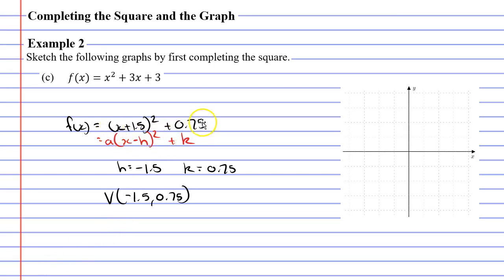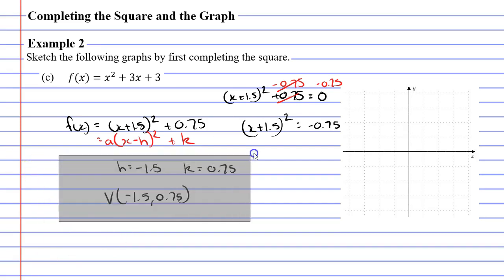So we'll take our function after completing the square, which is x plus 1.5 squared plus 0.75, and we'll make it equal 0. We then subtract 0.75 on both sides of the equation. This will give us x plus 1.5 squared equals negative 0.75.